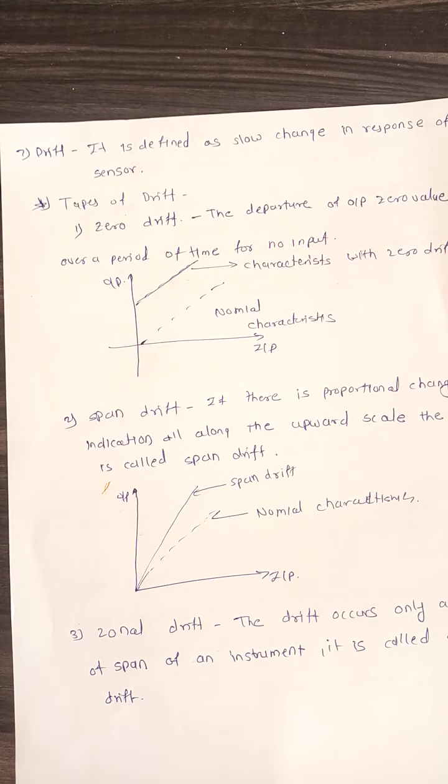It is called the zonal drift. These are the types of drift. First is the zero drift, second is the span drift, and third is the zonal drift. These are the properties of the static characteristics.